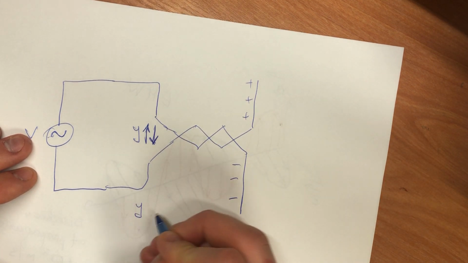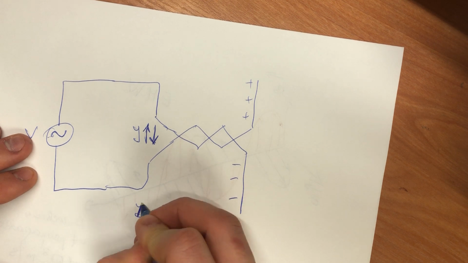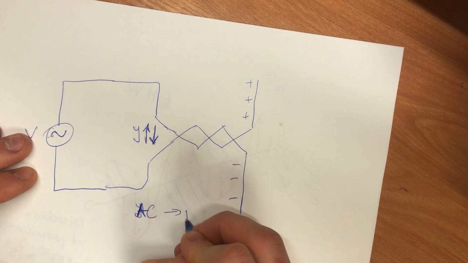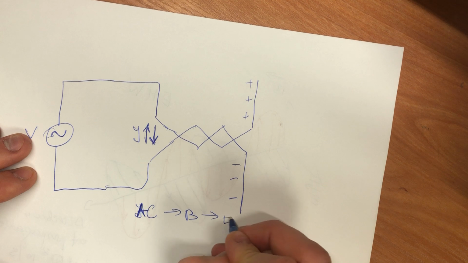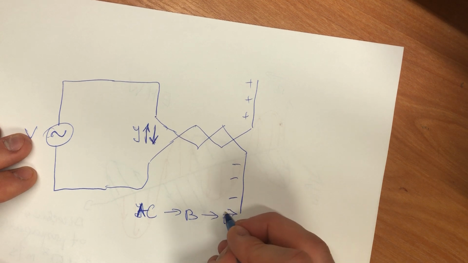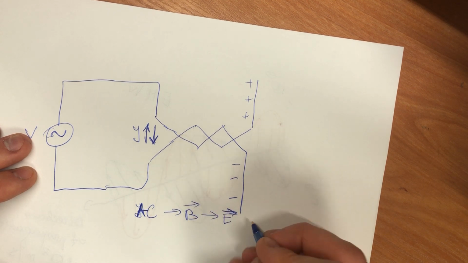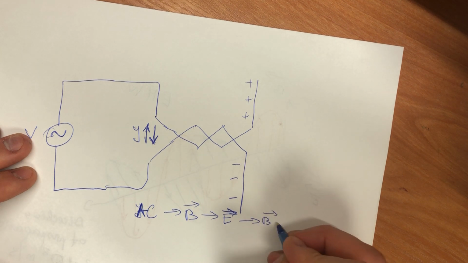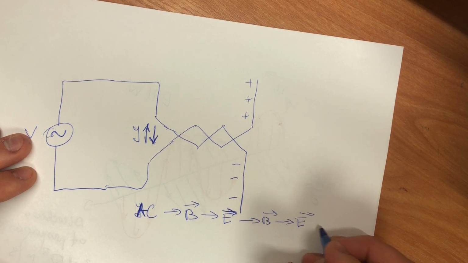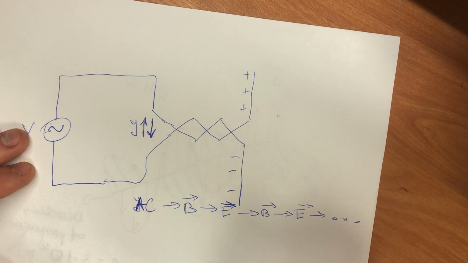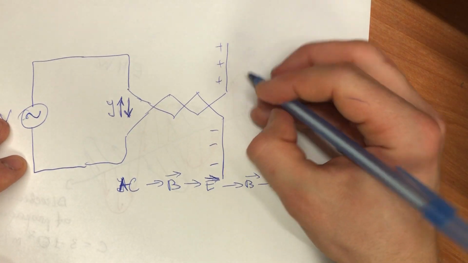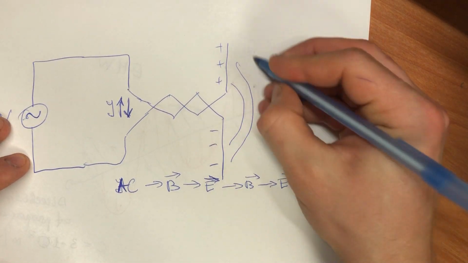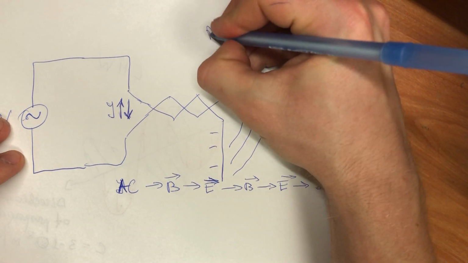Alternating current produces changing magnetic field, then magnetic field produces electric field, and again, a non-stop process, which generates an electromagnetic wave that travels. So this is called an antenna.